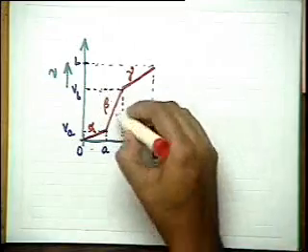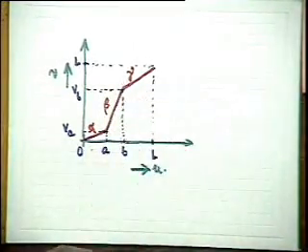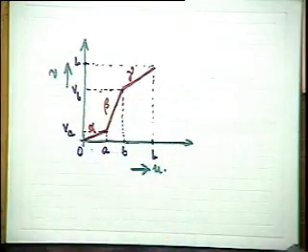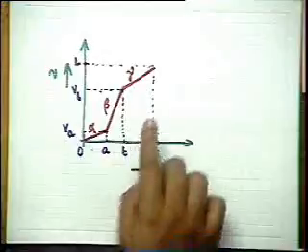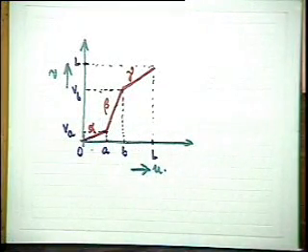So in the second zone, we are stretching the intensity. And in the other zone, 0 to A, we are compressing the intensity. Again, between B to L, since the slope is less than unity, I am compressing the intensity. So basically, in this type of transfer function, I want to enhance the contrast only within the range A to B.